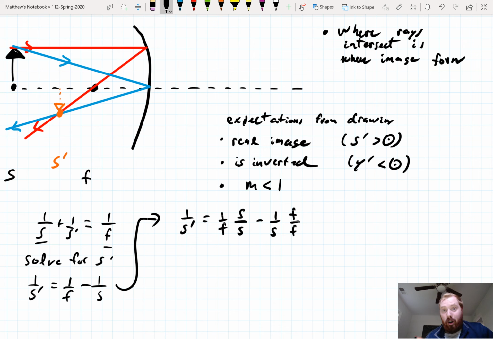I'm taking the two terms here and multiplying by 1. So now they have a common denominator, and we can just combine. This is now S minus F over S times F.